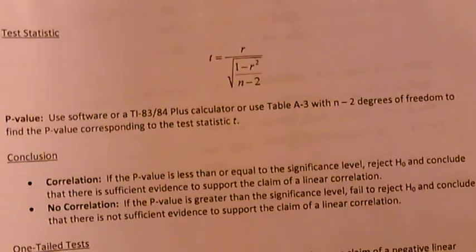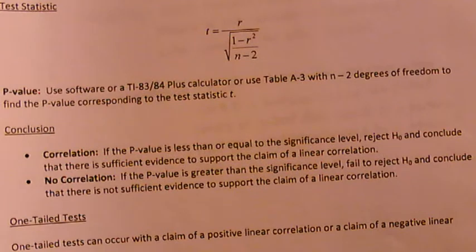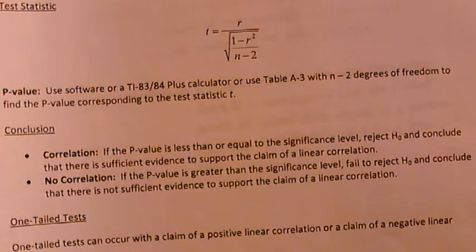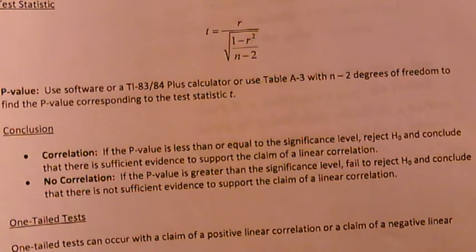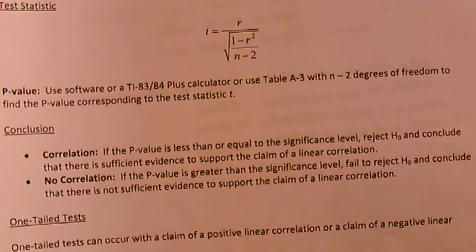And if we use that p-value approach, if you recall, if your p-value is less than or equal to your level of significance, which is your alpha level, you reject the null and say that there is sufficient evidence to support the claim of a linear correlation. Otherwise, you're going to fail to reject the null and say that there's not sufficient evidence to support the claim of a linear correlation.